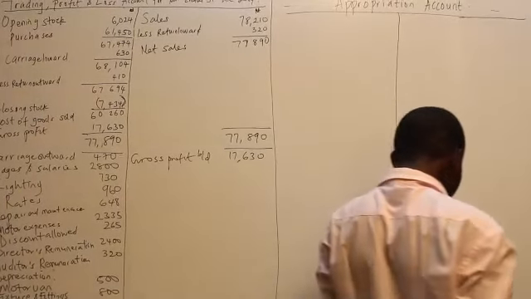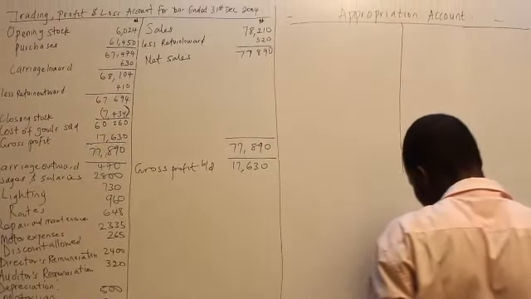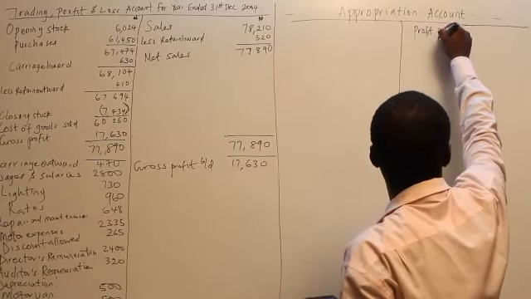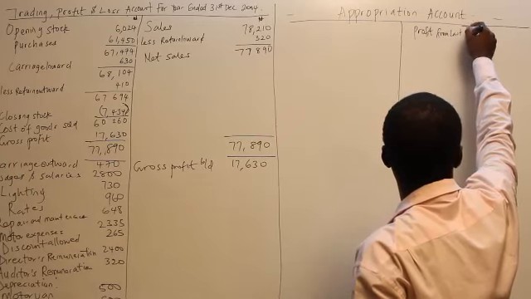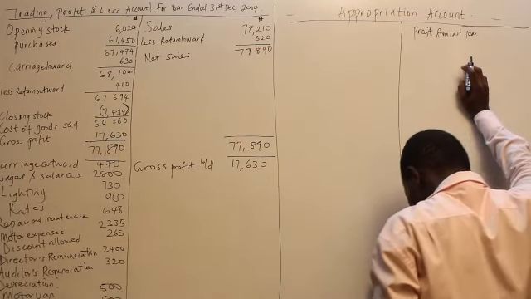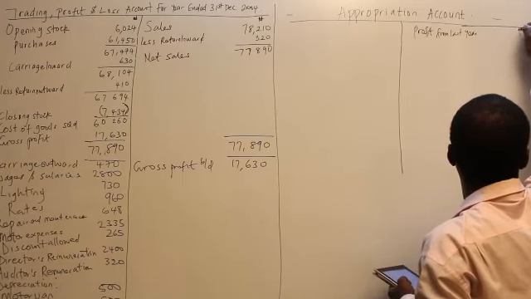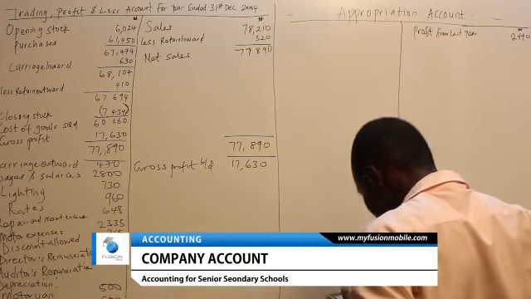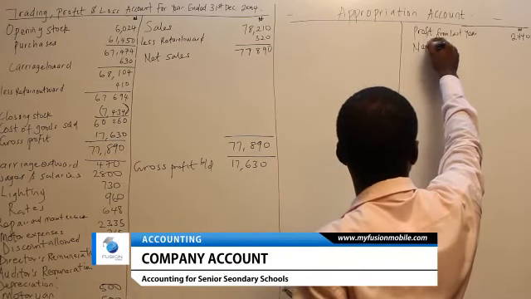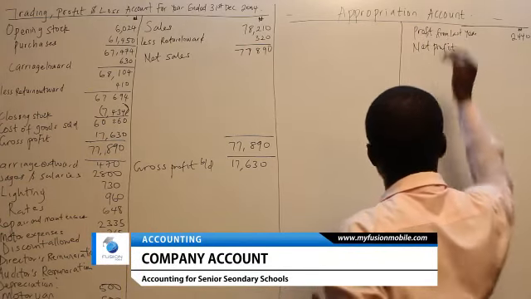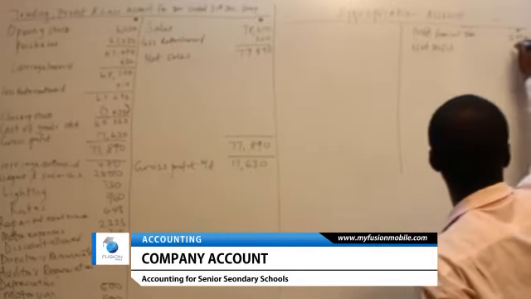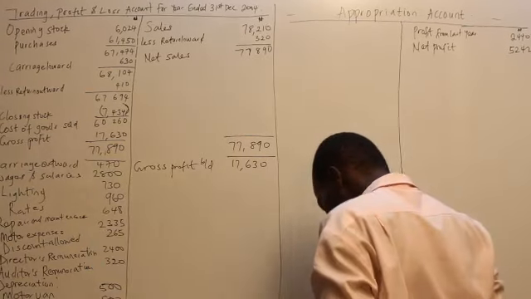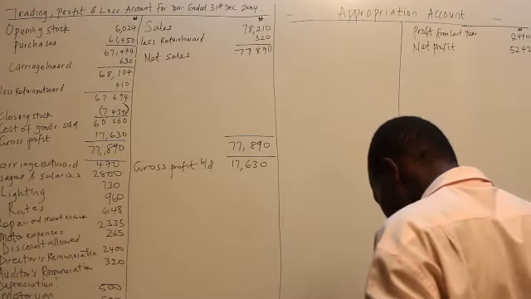We have profit and loss balance from last year, which is 2,440. That's from the last accounting period. So we have net profit made in the period, 5,242.